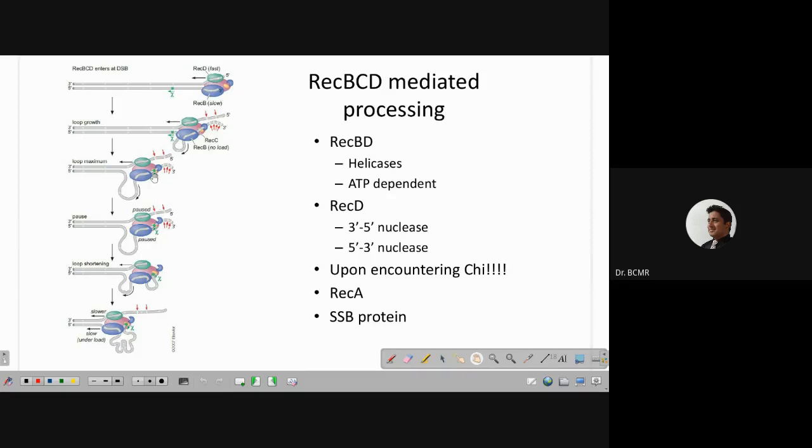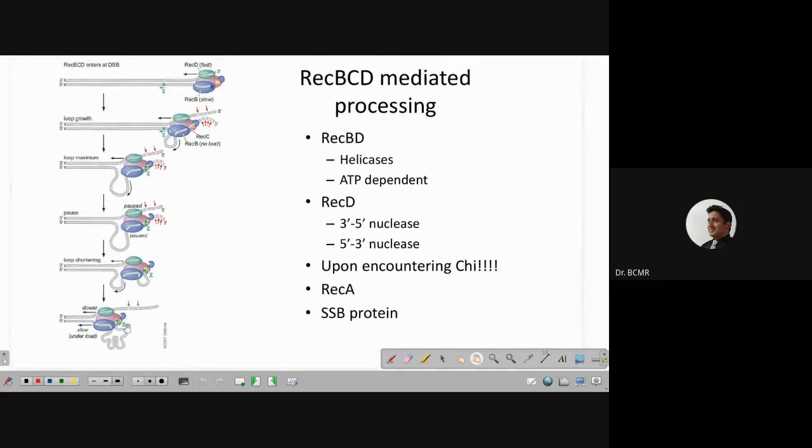But once a chi site is encountered, the degradation of the lower strand is inhibited. If there is no chi site, the lower strand will also be degraded. And that single strand is used for strand invasion. Until now, we have seen only the processing of DNA, right?